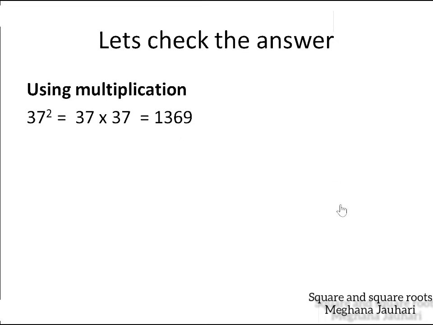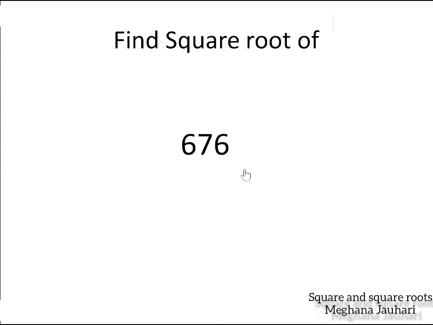Clear? Now suppose we have 3 digits instead of 4 digits. In 4 digits pairing was very easy to do, right? But in 3 digits, how are we going to make pairs? This is the question. So let us find the square root of 676.